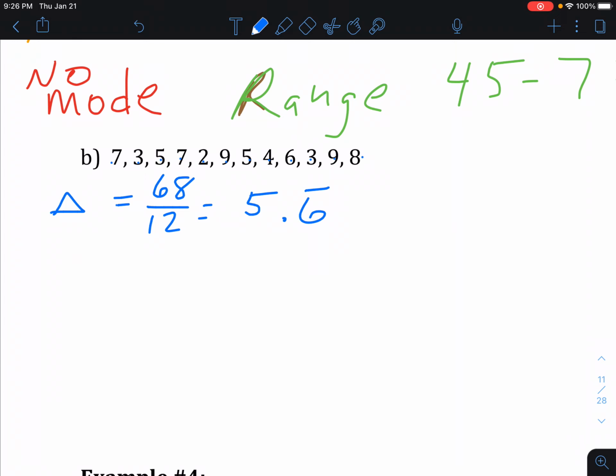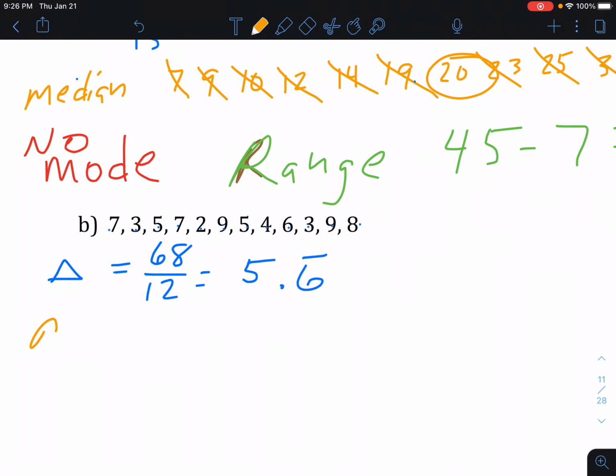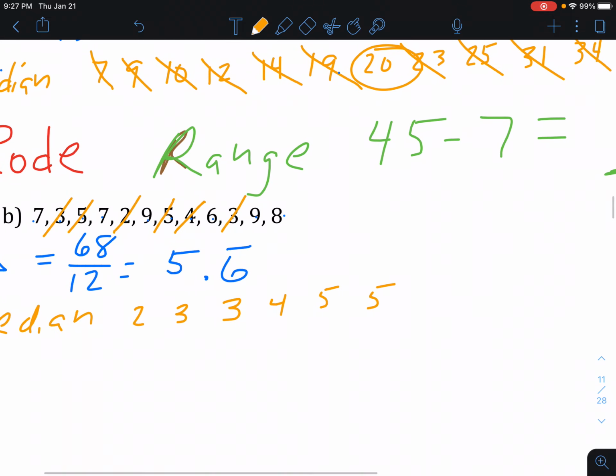Okay, next up, median. For the median, I have to put them in order and then find the middle number. So I cross off as I go through. I got a 2, 3, and 3, 4, 5, 5, 7, 7, 8, 9, 9.